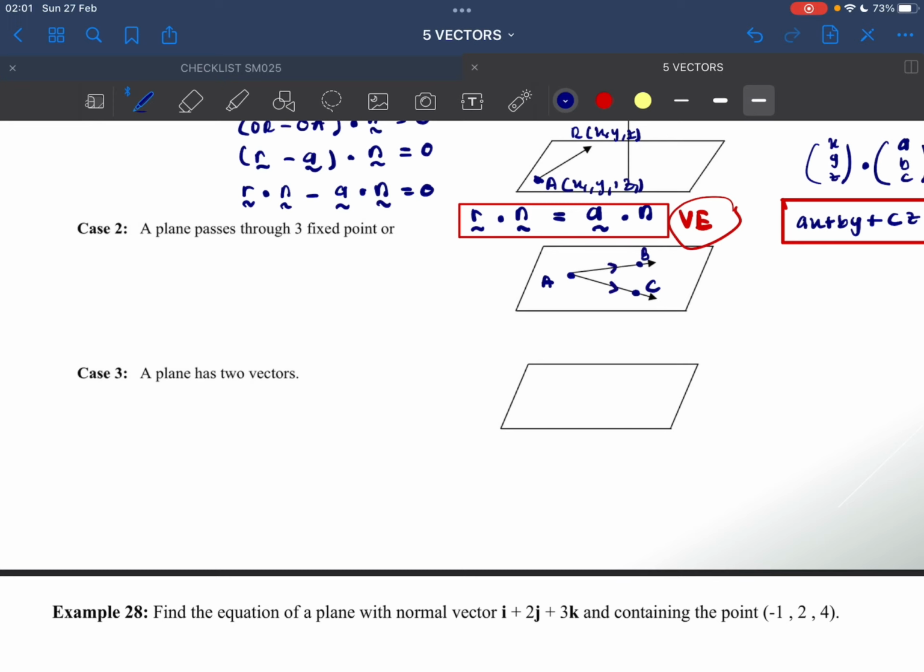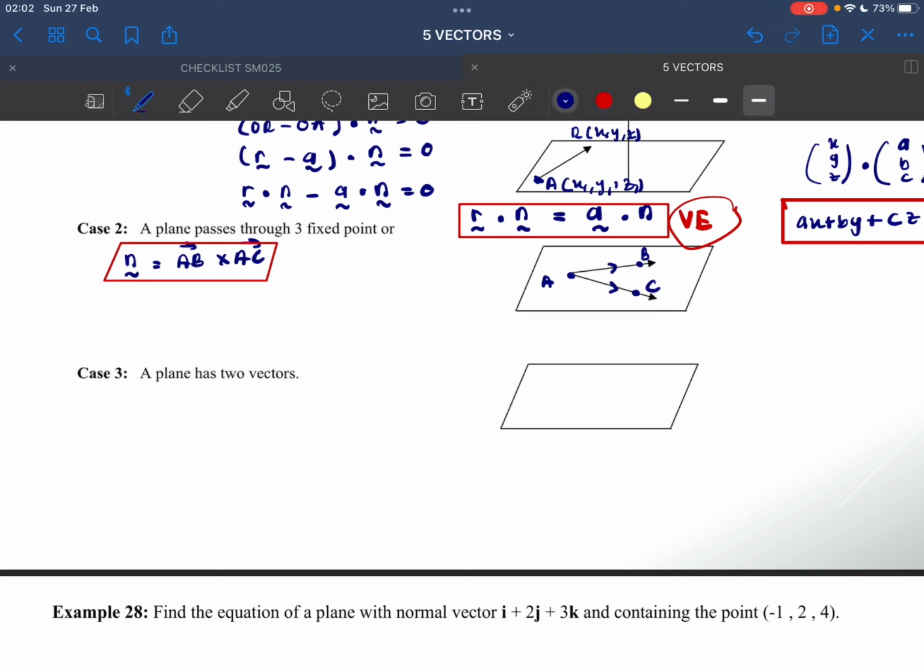It depends, for example from CB to CA also can. Why do we have to find this direction vector? Because you know that if you want to find the equation of plane, you need the normal. To find the normal for this one here, we just do the cross product, which is AB cross AC. So first thing that you have to do is find the direction vector, and now you have to find the normal.